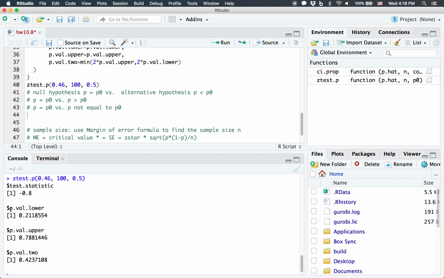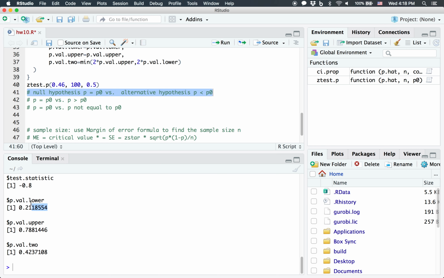So let's say our significance level is 0.05, and we are testing with the alternative hypothesis less than p naught. Then our p-value is 0.21, which is greater than the significance level, which is 0.05.